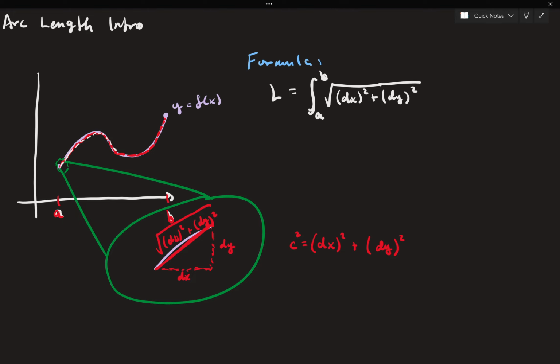Now this looks really weird, so let me simplify. I'm going to factor out a dx squared from the entire square root: dx squared times 1 plus dy squared over dx squared.